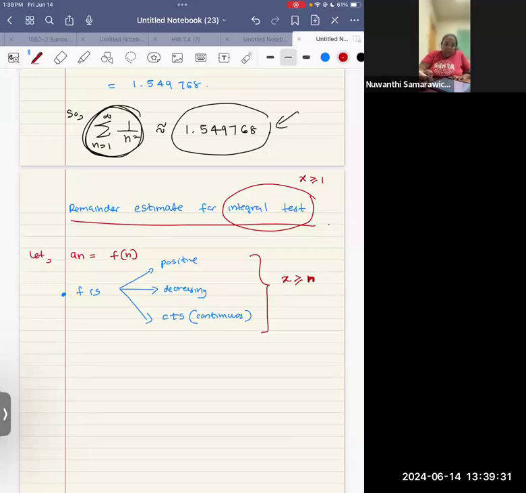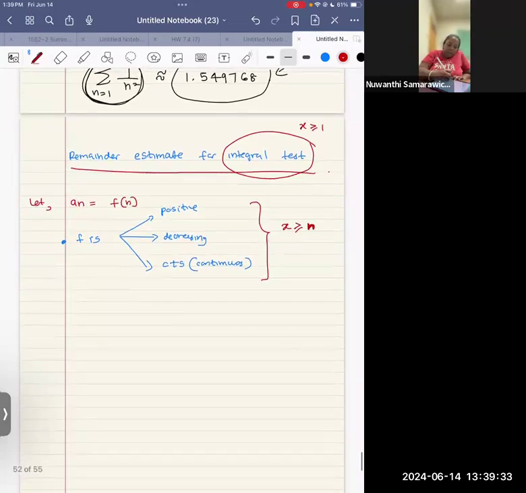And there's another condition: the series a n is convergent. So we have to check whether this series is convergent.